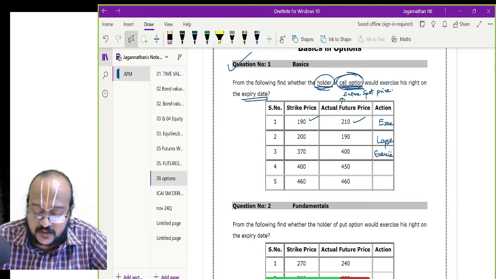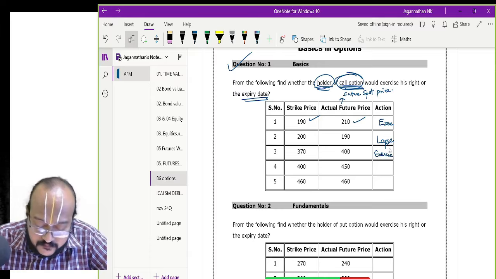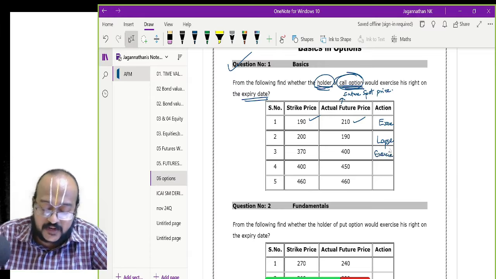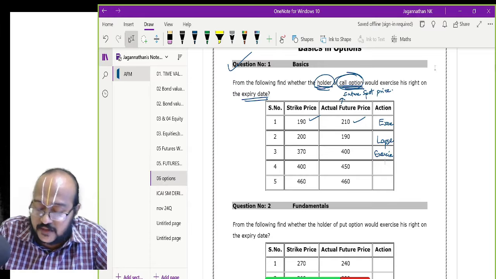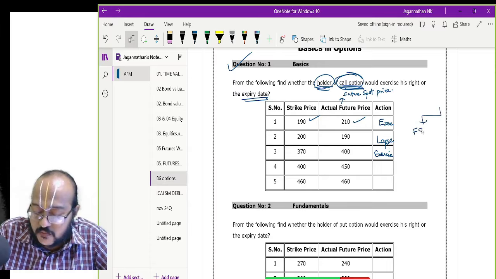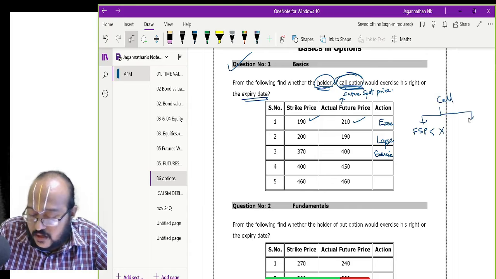Understood? Very simple. In case of call option, there are 2 scenarios: future spot price is less than strike price, or future spot price is more than exercise price.